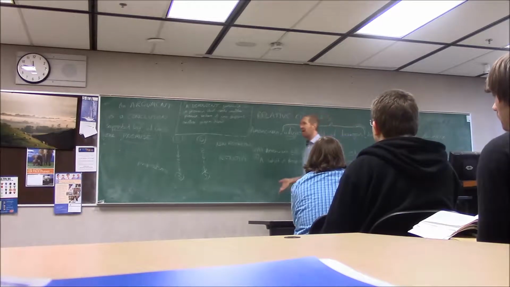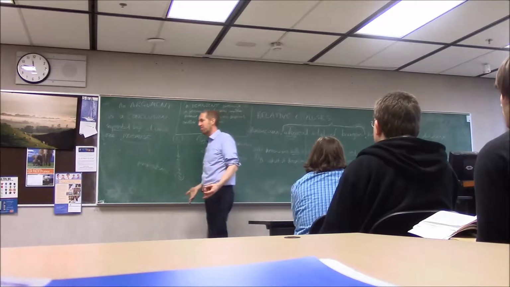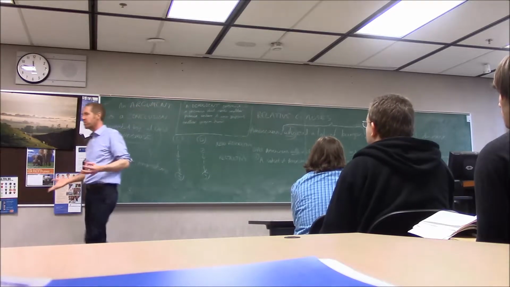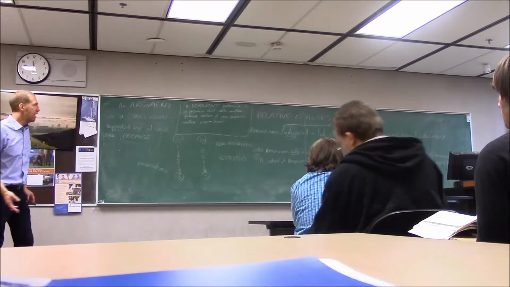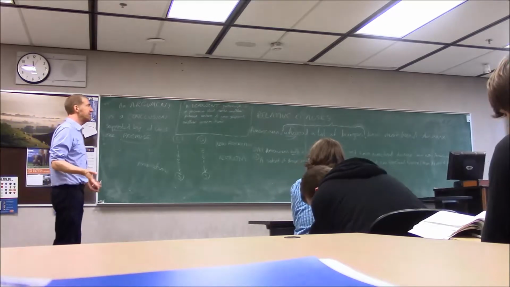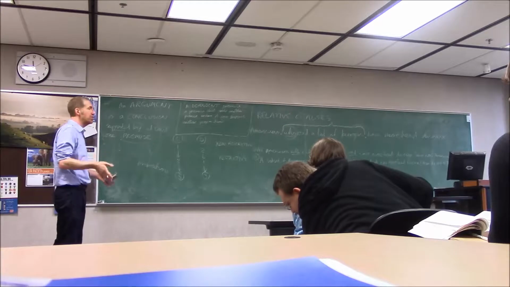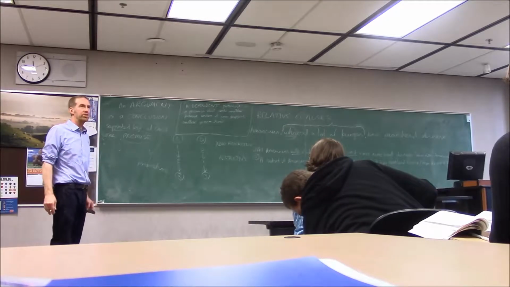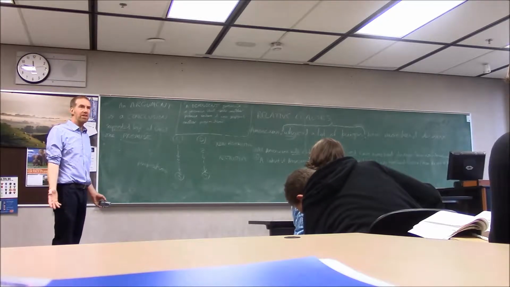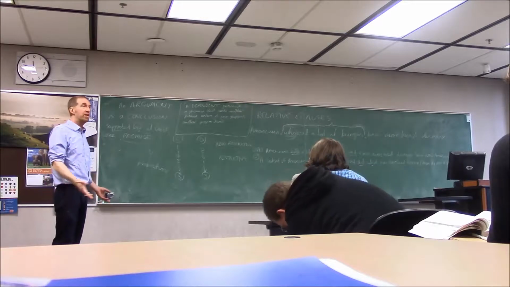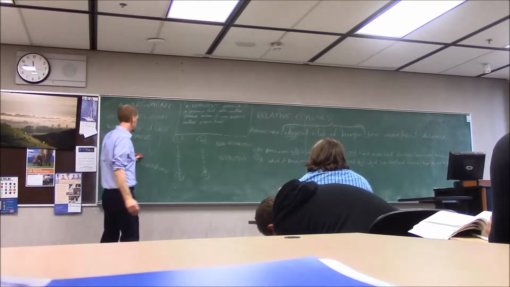Because arguments have logical structure, that's what makes them arguments, the way in which the propositions relate to each other. But they can have different logical structures depending on which proposition is supposed to support which. And you can reveal this logical structure using the diagramming method that we're now going to learn.